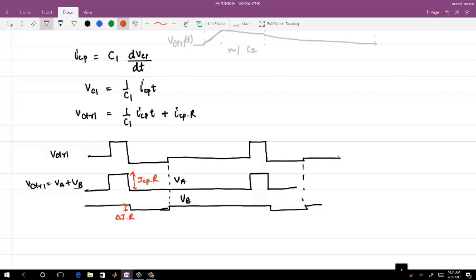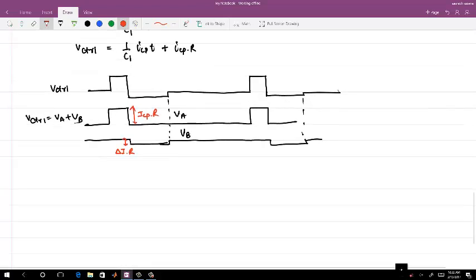The effect of V control at the output can be found as a superposition of VA and VB, right? VA is of much larger magnitude compared to VB, so for now we focus on what VA is doing. VB I am neglecting because it's a very small value spread over a long time.